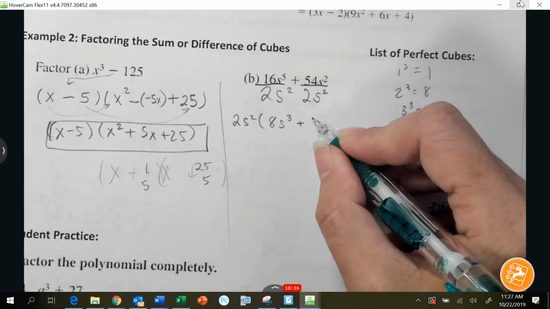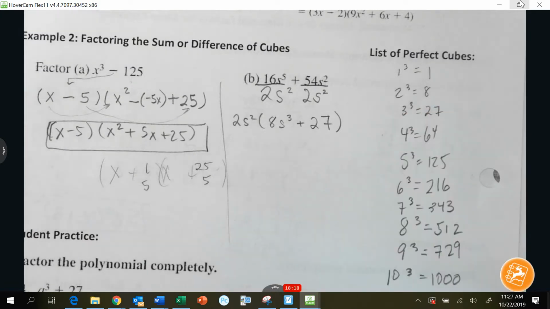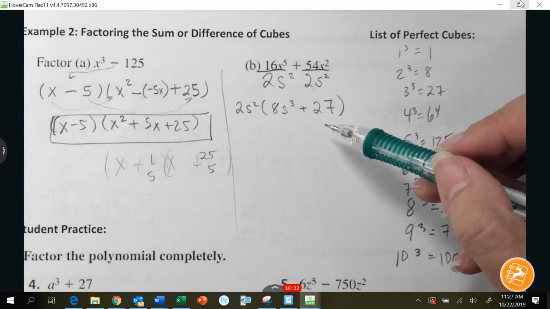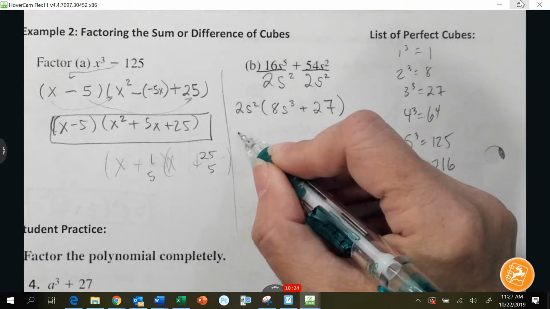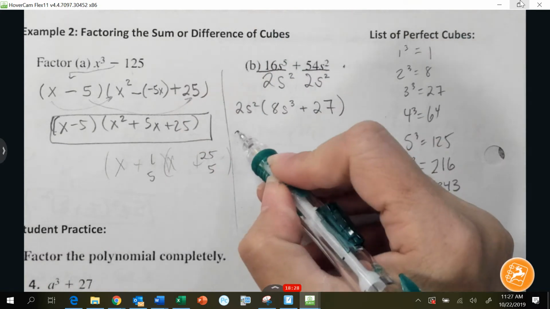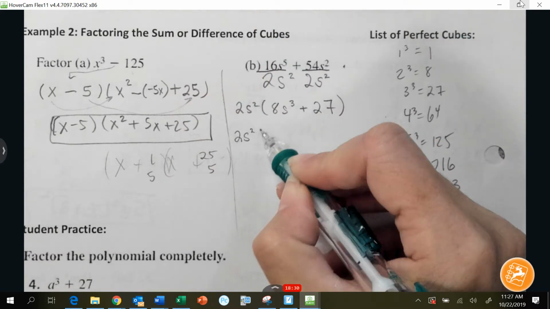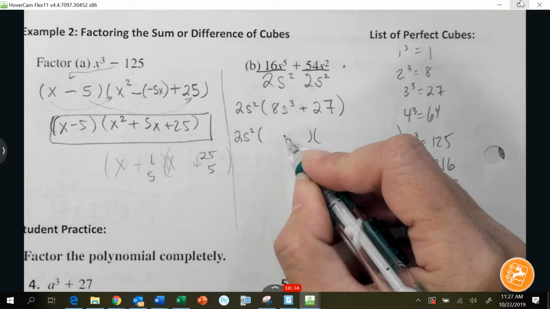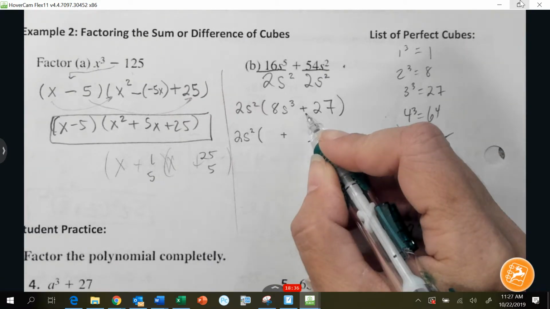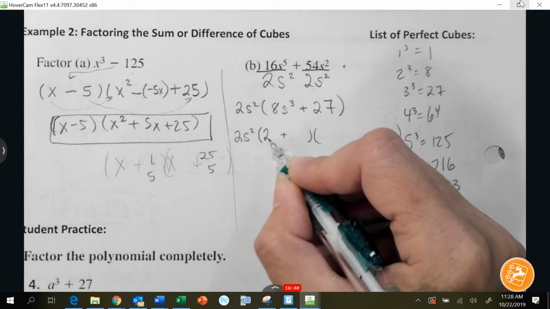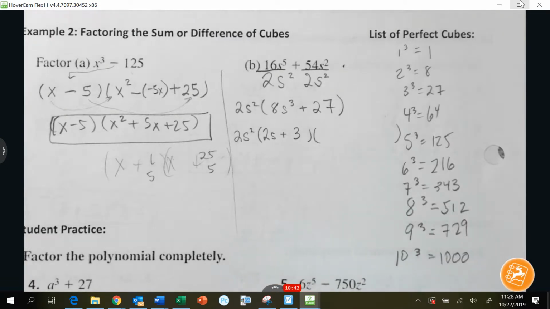That's convenient that it was 2 because now when I took out 2s squared, I'm left with a sum of perfect cubes. So I factor those with 2 parentheses. The first parenthesis is going to be a plus sign for this one because it's a plus sign. And it's going to be the cube root of each of these. So 2s and 3.